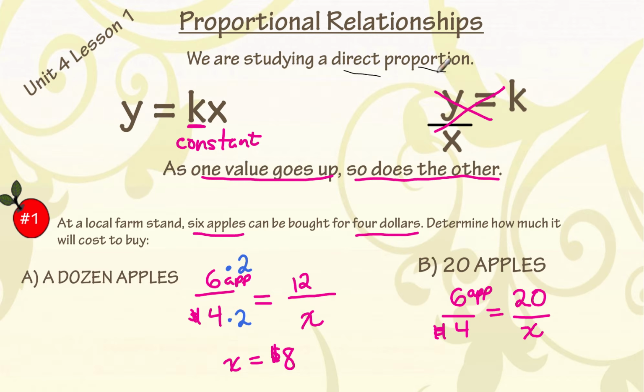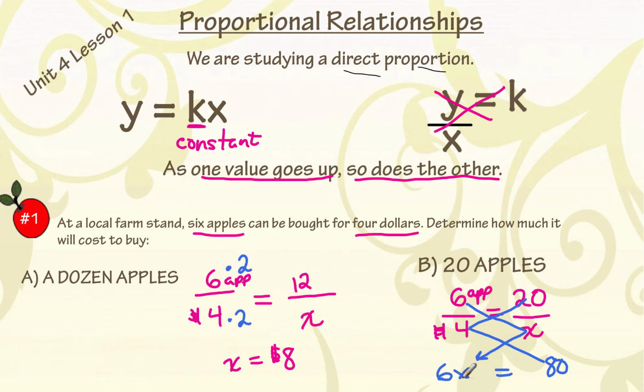Now 6 times nothing that we know gets me 20. So I'm going to do what we called last year cross multiplying. Mrs. Senlensky might have called it crossed swords. So basically what I do is I start here with my 6 times x gets me 6x. 20 times 4 gets me 80.